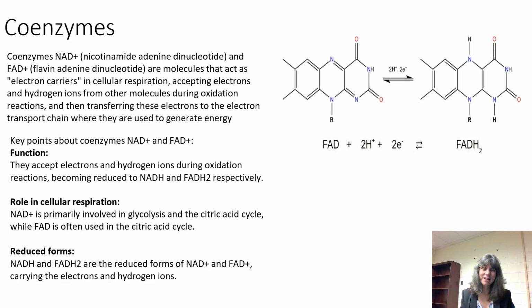So NAD+ and FAD+, or FAD, are molecules that act as electron carriers in cellular respiration because they have the ability to accept electrons and hydrogen ions from other molecules during oxidation reactions, and then they're able to transfer those electrons to the electron transport chain, which is the end part of cellular respiration, where they're used to generate energy.